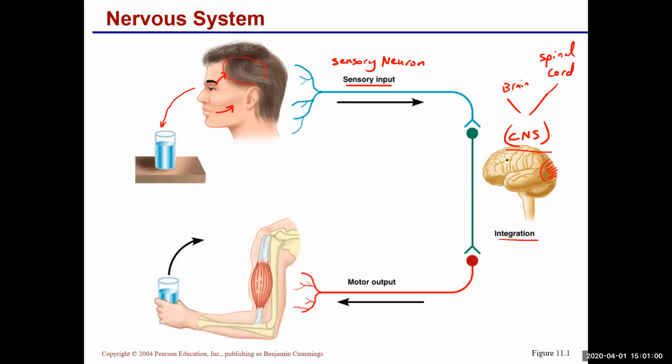But information, once it gets into the central nervous system, sometimes might need to transfer from one area of the central nervous system to another area of the central nervous system. All right, so for that, you require what's known as an interneuron.